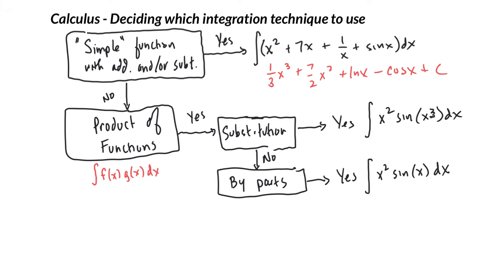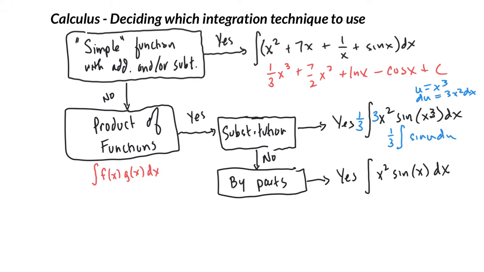I'm not going to go through the whole process in the interest of time, but again, if u were x cubed, the derivative of that would be 3x squared, and I could make a perfect match by doing this. And I could integrate, and it would turn my integral into 1/3 the integral of sine u du, which is easily integrated.